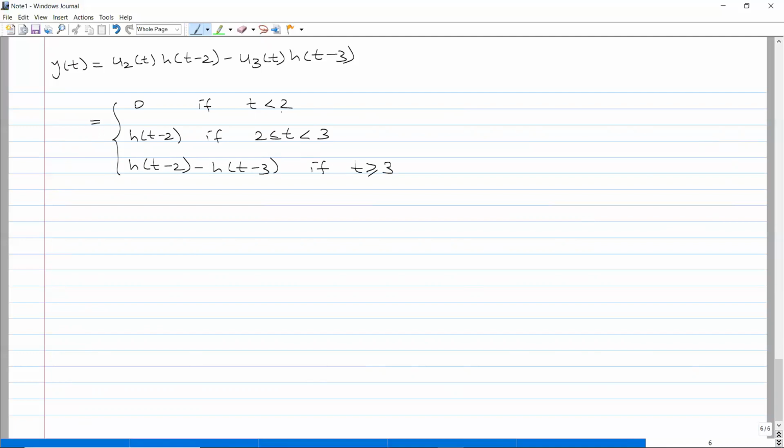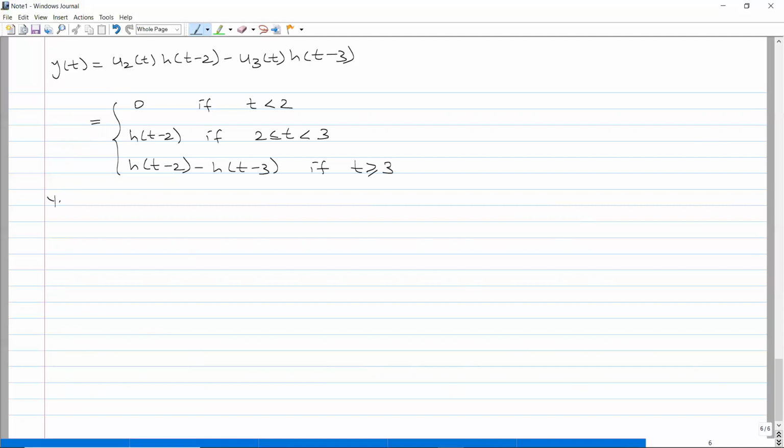Because when t is less than 2, both u2 and u3 are 0. When t is between 2 and 3, u2 is 1 and u3 is 0. And when t is greater than or equal to 3, both u2 and u3 are 1. Okay, so this is the more open form for the function y(t).